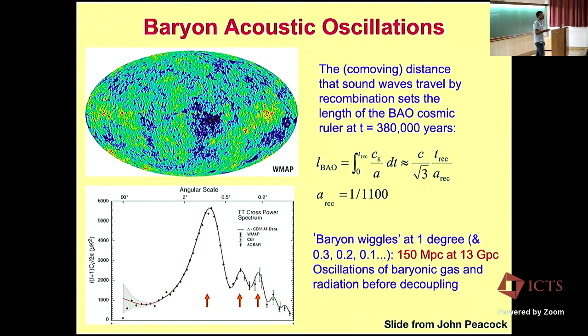Every time you do a BAO measurement, it's a standard ruler up to the factor of the sound horizon. If you don't know the sound horizon independently, then you're only measuring the ratio of the sound horizon to the BAO scale. That's important, which is why if you just use a BAO survey, you will not be able to constrain cosmology very well. You need to use CMB information, or at least sound horizon information somehow.